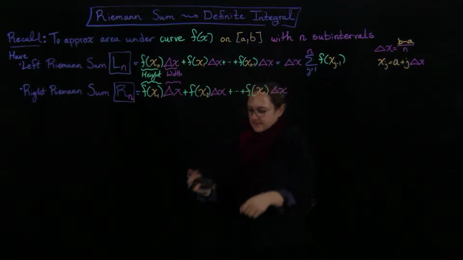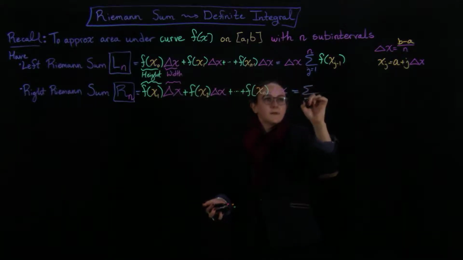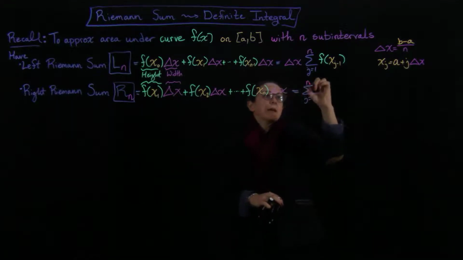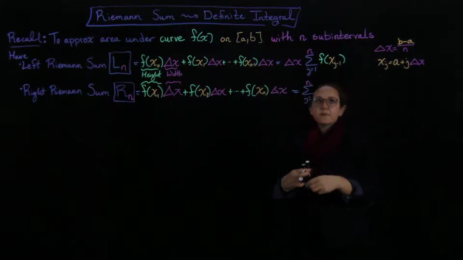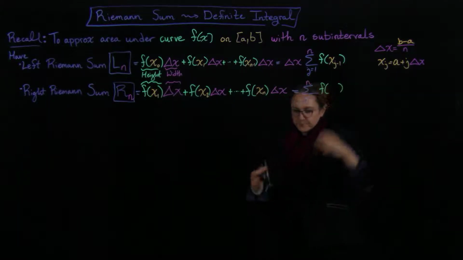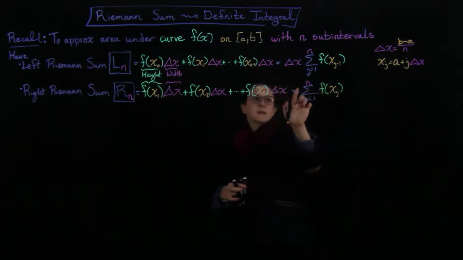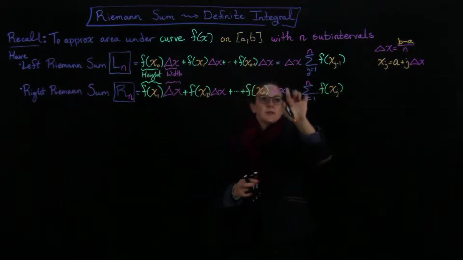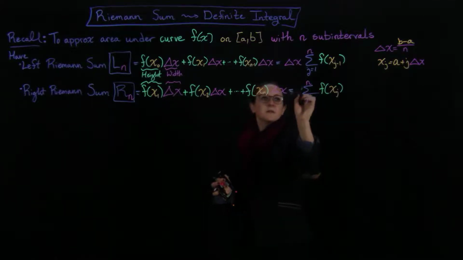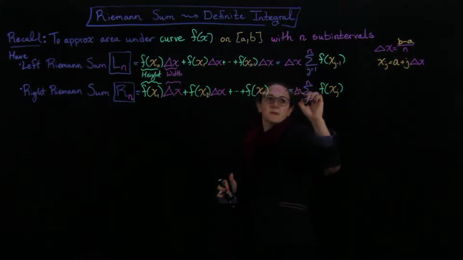Then we took the sum from j equals 1 to n, and it looks exactly the same except that we're looking at just xj. Oops, we forgot our delta x here, so we need to put that in. That equals delta x times the sum, because we had delta x in each term and could pull it out to the front.